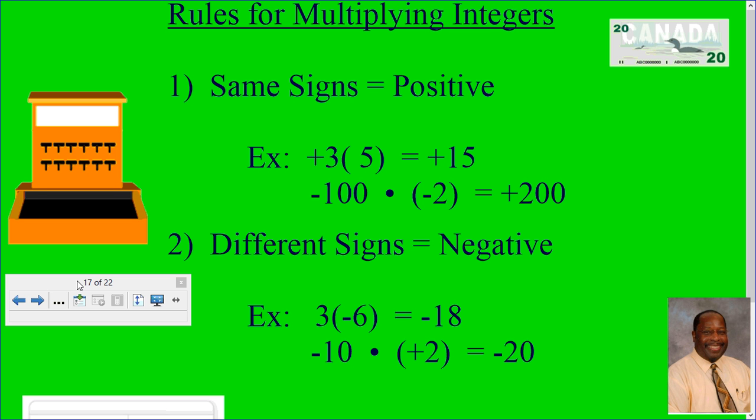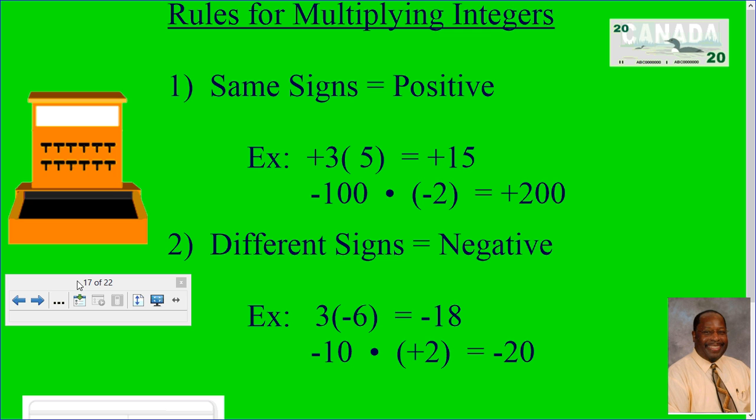Notice the plus sign there, but the 5 doesn't have a sign, and we know that any number that does not have a sign is automatically indicated to be positive. So we don't have to write the plus sign. Now, 3 times 5 is 15, and notice the signs are really the same. So that gives us a positive value.